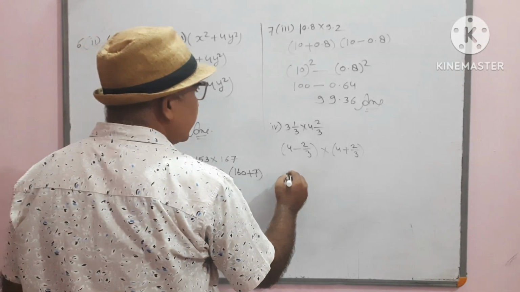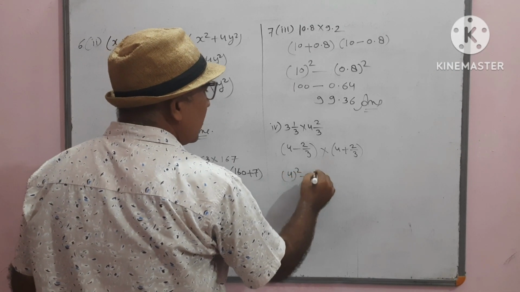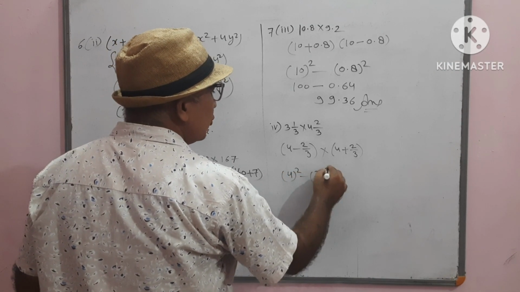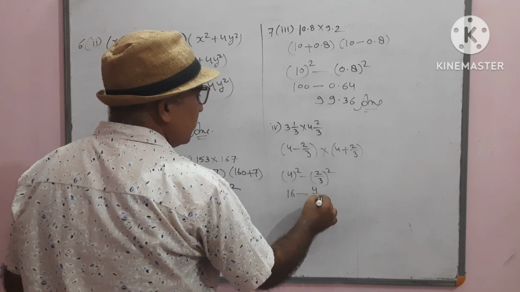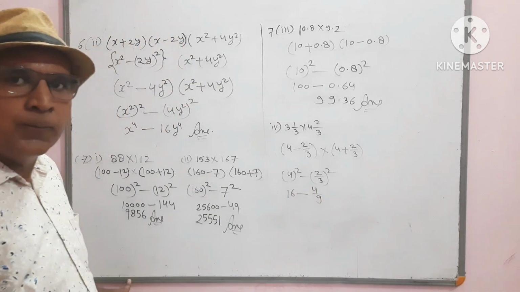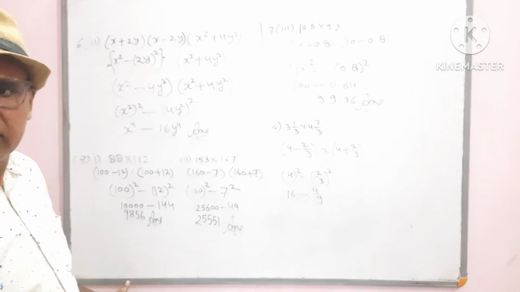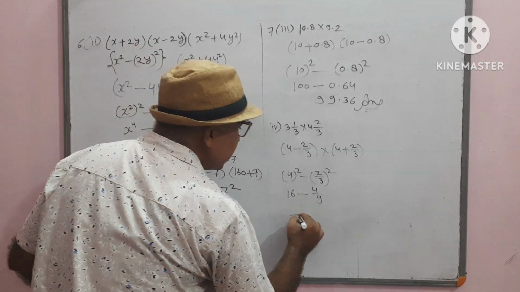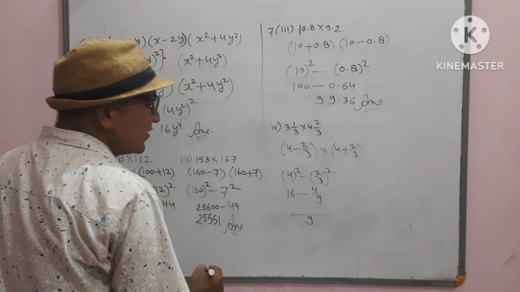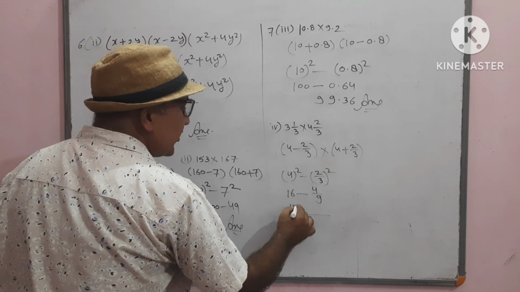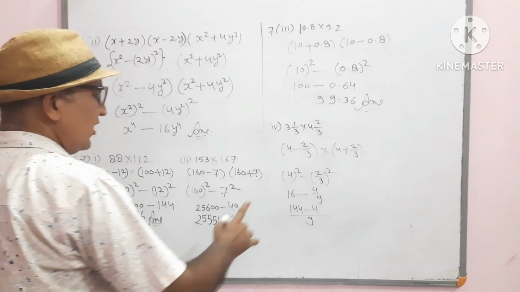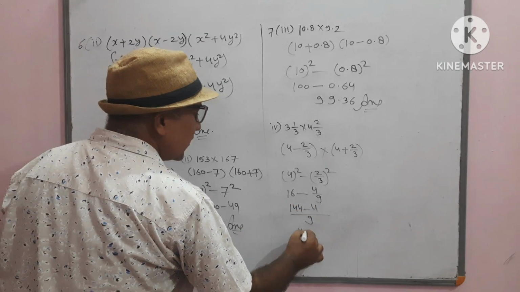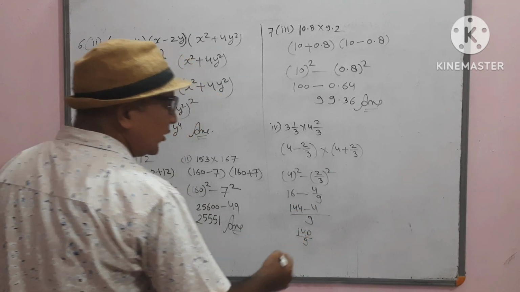So apply your identity. 4 square minus 2 by 3 square. 4 square is 16 minus 4 by 9. I hope everybody can calculate it by taking the LCM. 9 is the LCM. 9 into 16, 144 and then minus 4. 144 minus 4 is 140 upon 9.